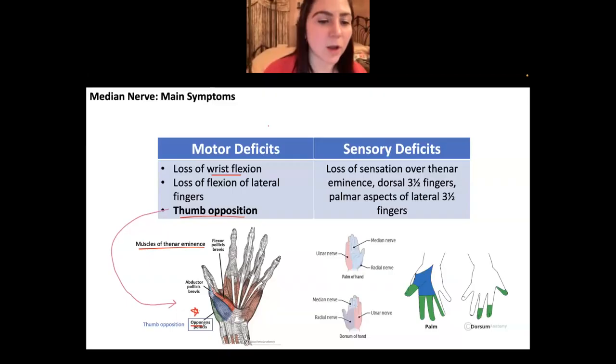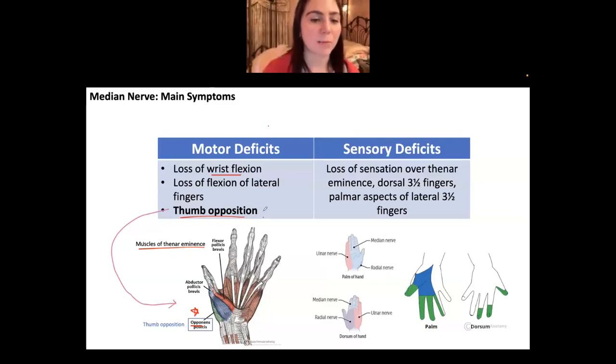And remember, look for opponent, the opposition, it's going to be in the name. This is the one that the median nerve innervates. It doesn't do the abductor. It doesn't do the flexor of the thumb. It does finger flexion with other flexors of the fingers, but the thumb is its own entity, with a lot of different nerves innervating a lot of different muscles of the thumb. But for opposition, this is only median nerve.